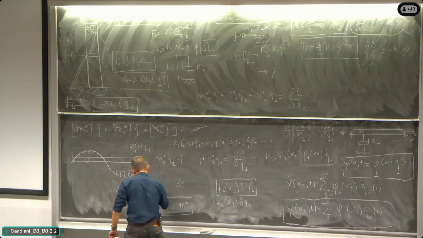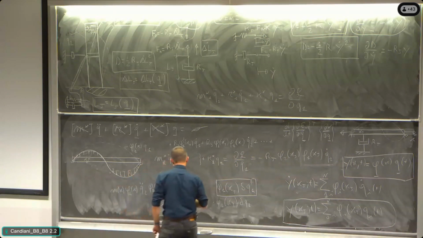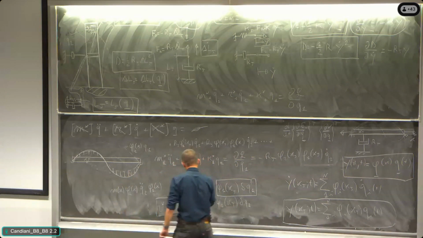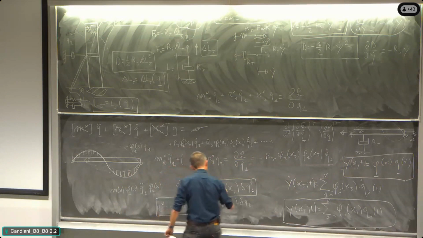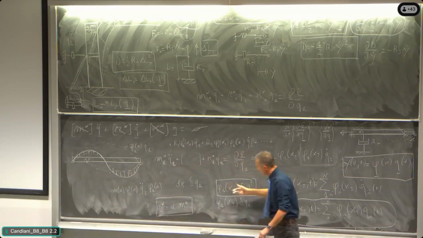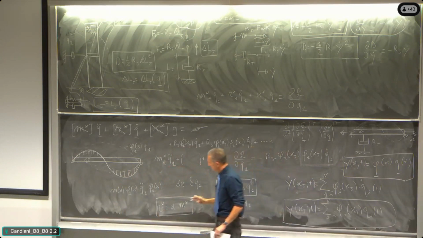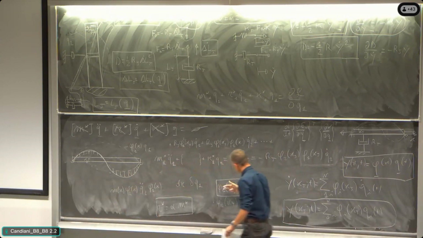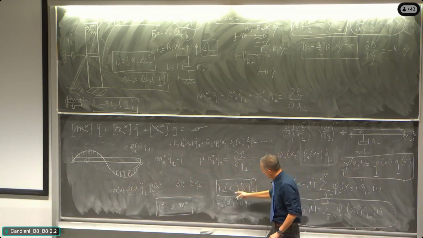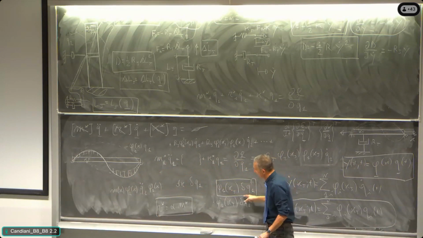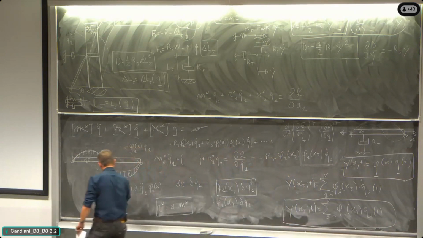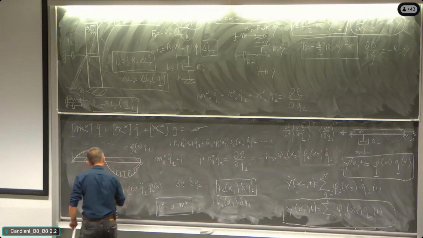And so it is phi1 function of x multiplied delta q1. So I have to make the scalar product among the distribution of force and the distribution of displacement, and then I have to integrate from 0 to L.